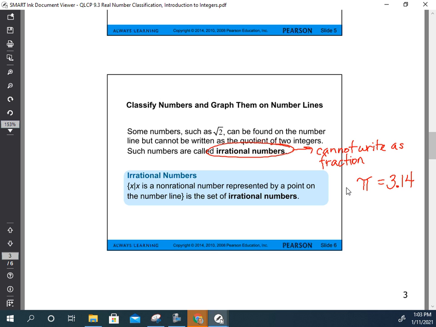But so pi is an irrational number because you can't write it as a fraction. Square root of 2 is an irrational number. 1.4142 and a whole bunch of numbers after it. If you can't write it as a fraction, it's irrational. Any questions on the difference between the two?